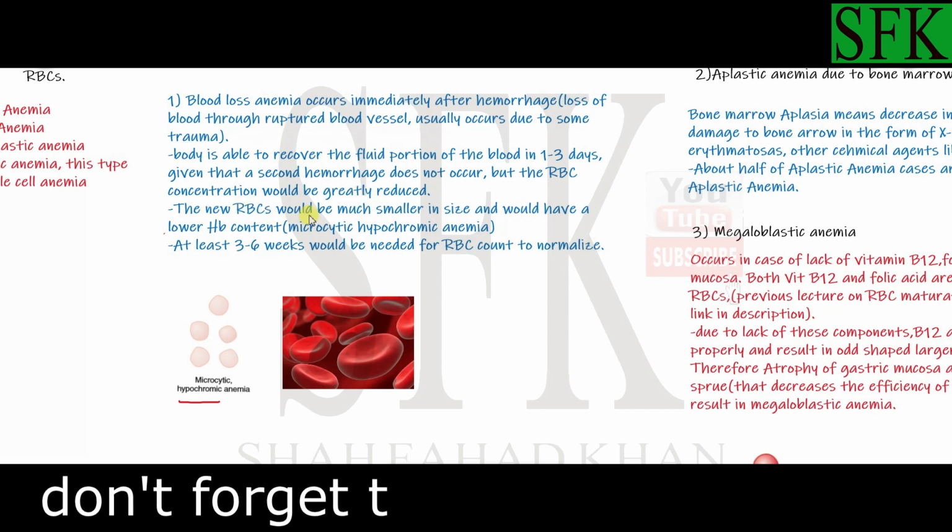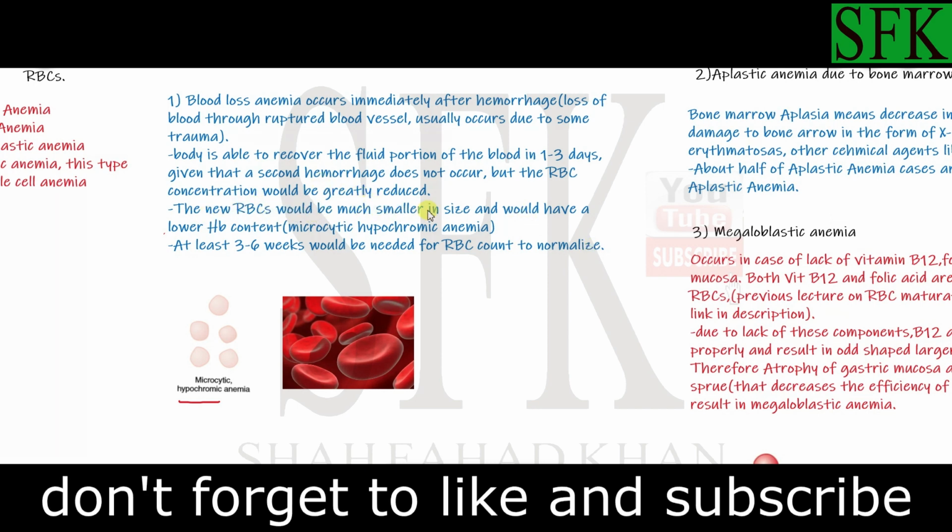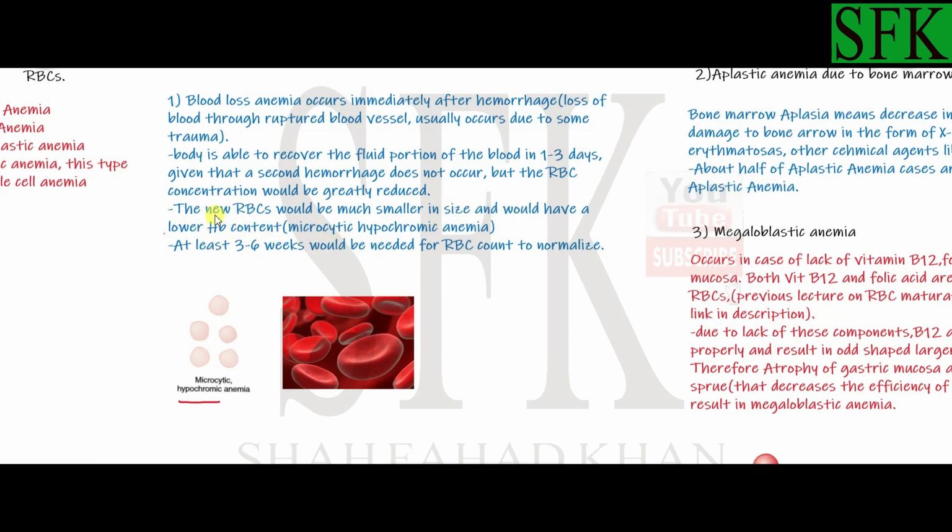And the new red blood cells which are formed are much smaller in size, and they have a lower hemoglobin content as compared to the normal red blood cells. Due to the low hemoglobin content, they appear to be pale. I've given a diagram over here.